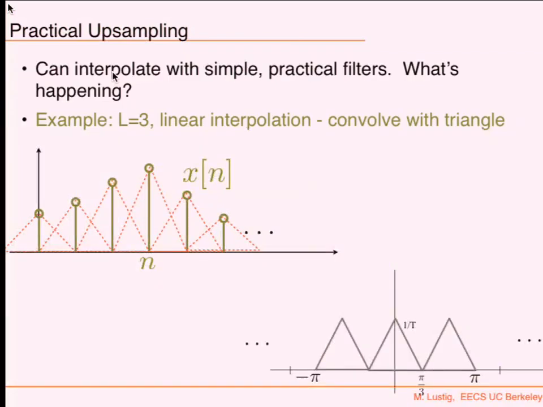So if we do linear interpolation, if our spectrum looked like a triangle, that would effectively be multiplying by a low-pass filter that, instead of being ideal, would look like a periodic sinc squared. It would look like this.